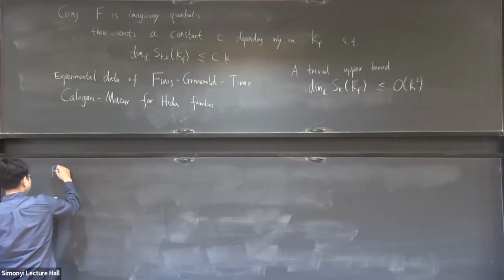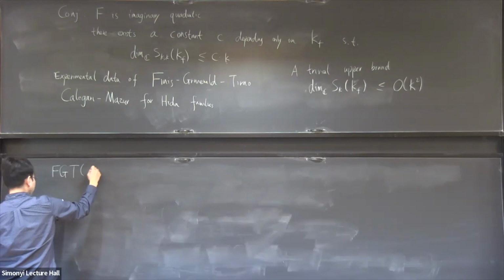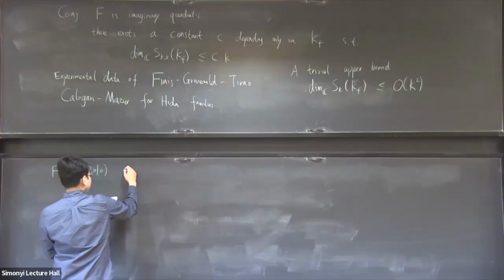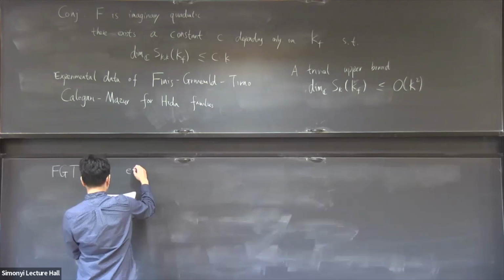Finis, Grauer, and Tyrrell, besides providing experimental data, also did some theoretical work, and they established a log K saving over the trivial bound.